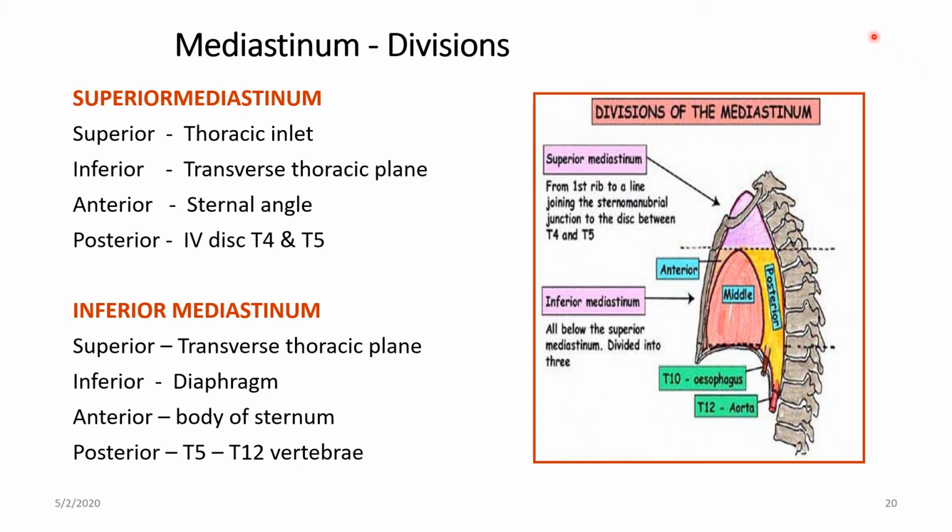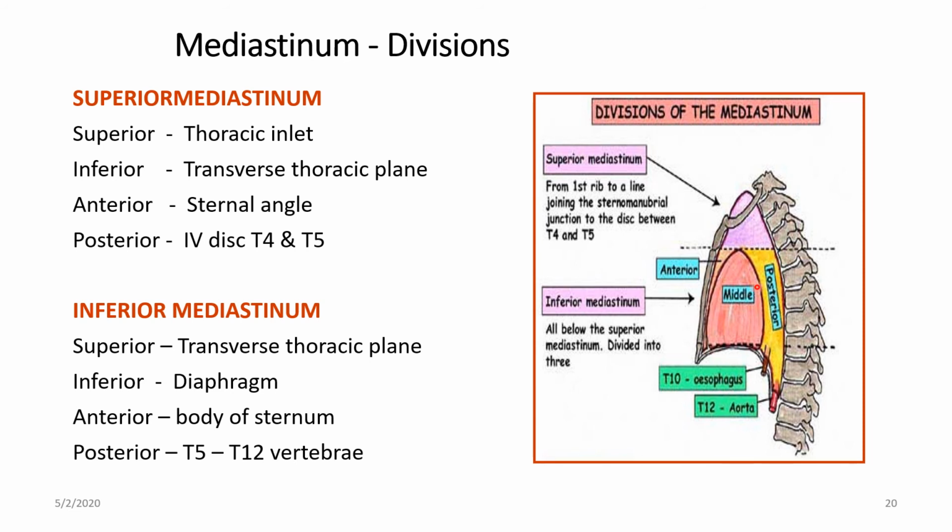So the subdivisions will be, you can revise by looking at the superior margin for the superior mediastinum, thoracic inlet. Inferior is the transverse thoracic plane. Anterior is the sternal angle. And posterior is the disc between T4 and T5.